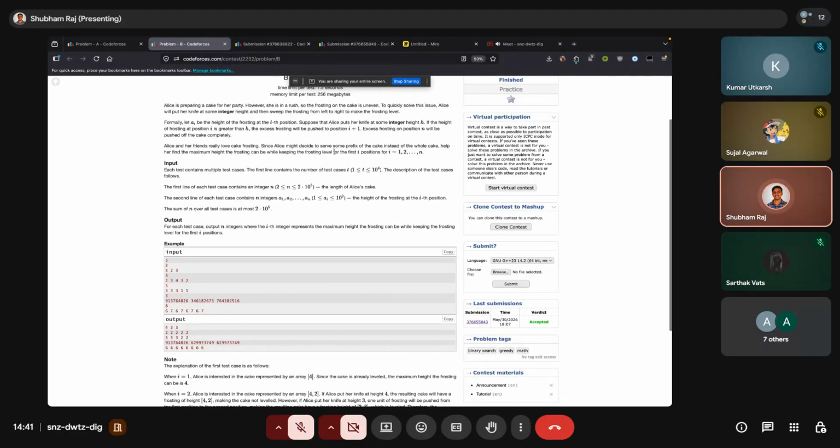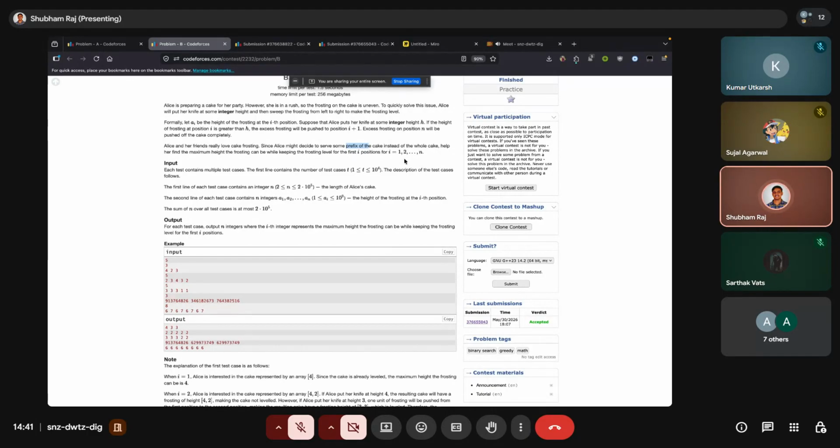The problem is asking that she can serve some prefix of the cake instead of the full cake. So she requires that up to that prefix, up to any index, what is the maximum height she can have for the cake up to that prefix, right?